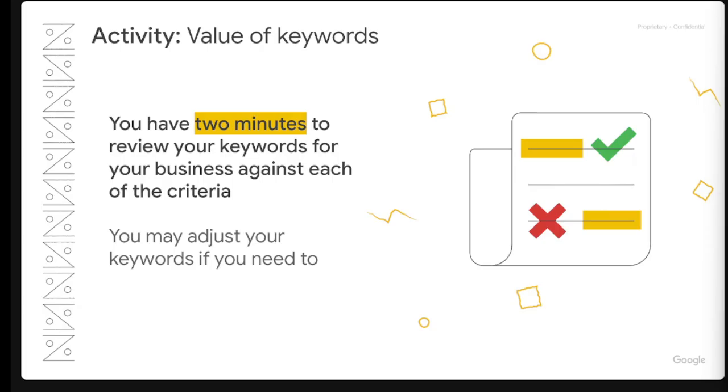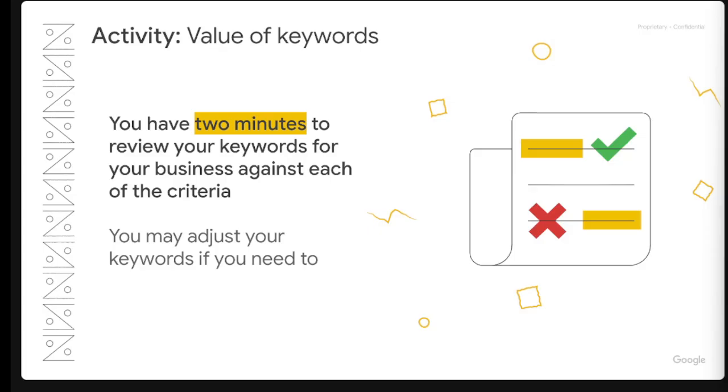Adjust your keywords if needed. I know that you have a notebook. You can please note these revised keywords down in your notebook. I'm going to give you just 2 minutes to do this because I do think it's important now that we've had a practical example and understand the elements that we're working on.